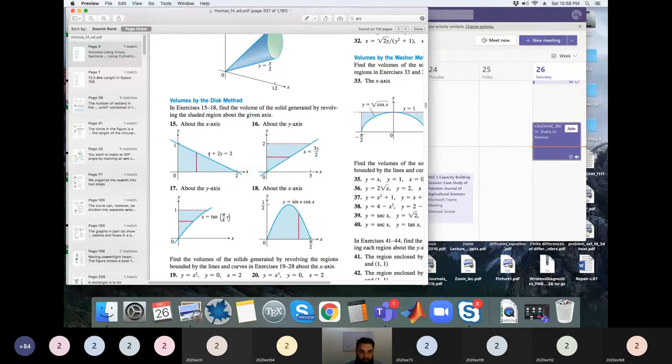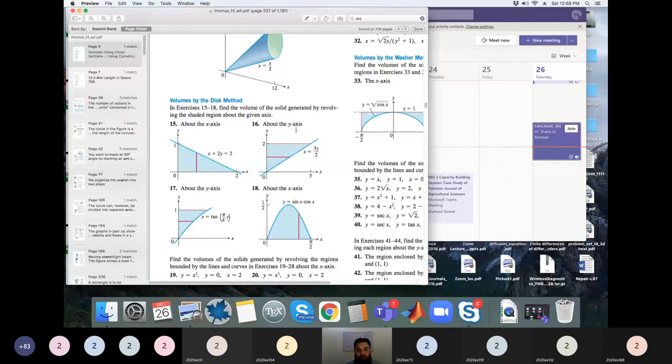So at this point in time it will be described by y is equal to 2 minus x upon 2 for a specific value of x. In general, y is equal to 2 minus x upon 2. So this is basically the radius. By default, it is going to be y. So the formula is pi y square over the interval from 0 to 2. This is all you need to look into for the integral.